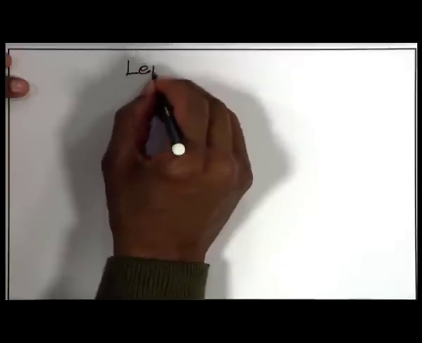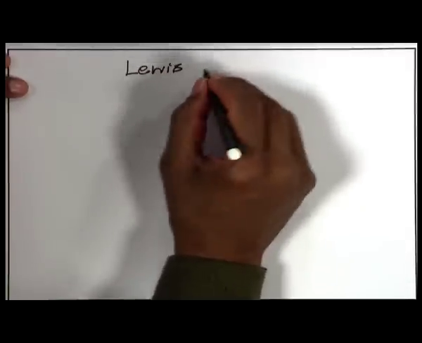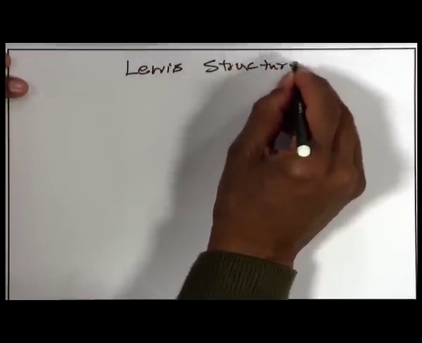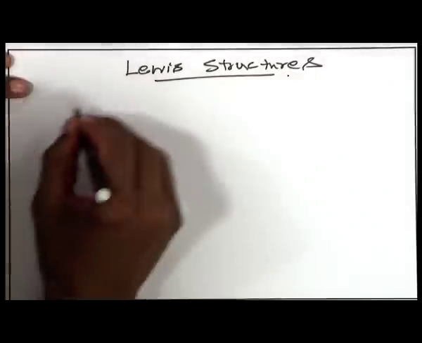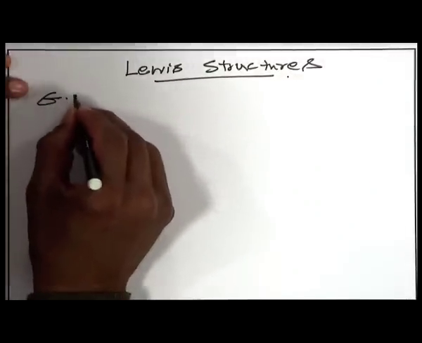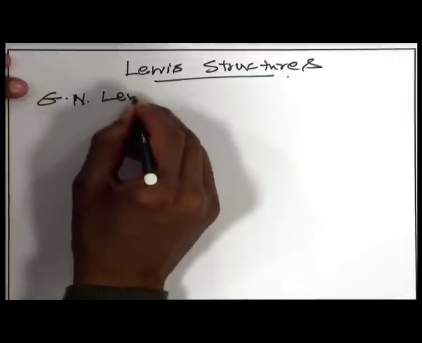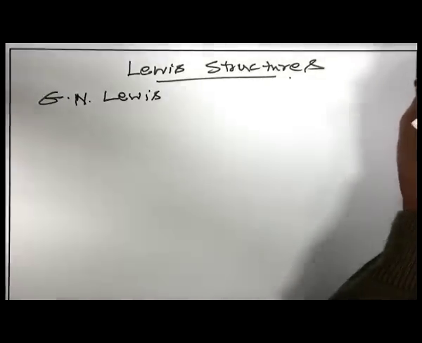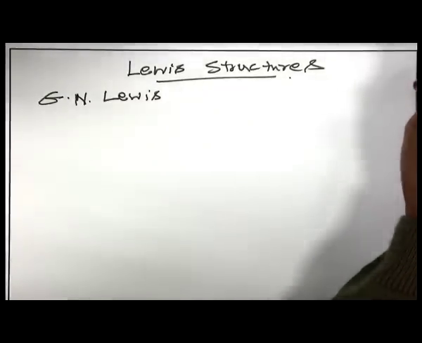Now, let us move to a different concept, so-called Lewis dot structures. G.N. Lewis, a great American chemist, proposed a rule called the octet rule.